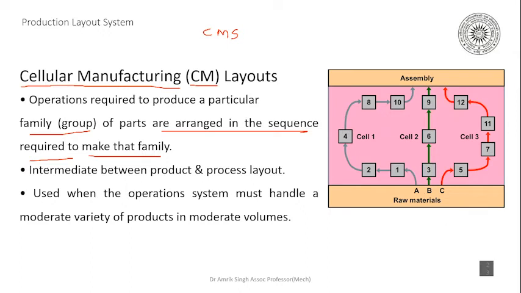These different routines are given for the particular type of product. So it is intermediate between the product and the process layout. Wherever the requirements are intermediate, we go for this kind of manufacturing system. They are used when the operation system must handle a moderate variety of products in moderate volume. So medium volume, medium variety.